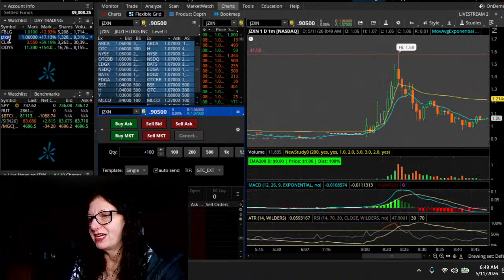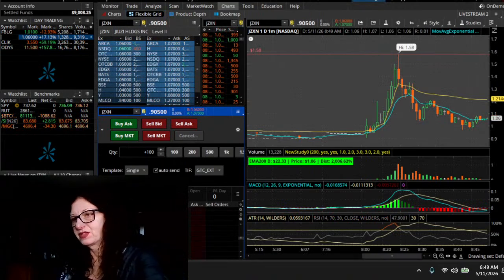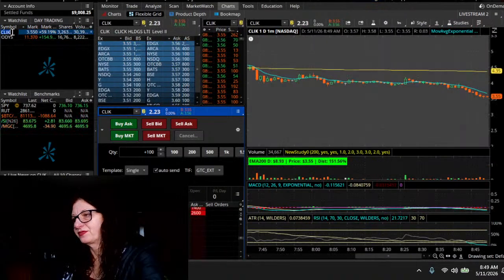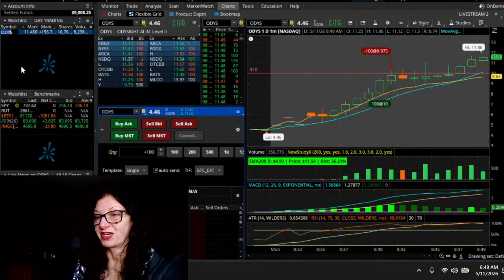Let's see, did JZXN, oh no. So let's get rid of it. I think everyone's trading ODYS. This is the stock of the moment, but it's above my price range.